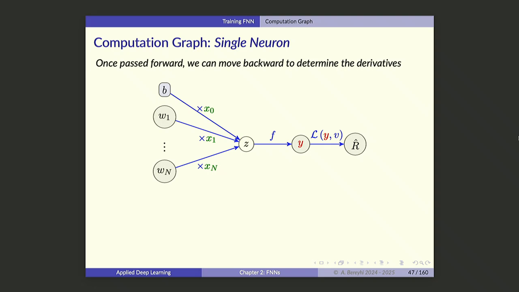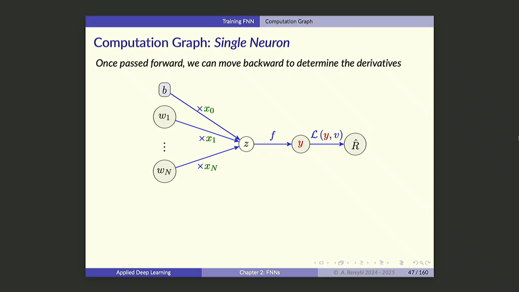Now, how can I compute the derivative of y with respect to b? Look at y. Y is immediate function of what? So, how can I write that down? dy/db is dy/dz times dz/db.